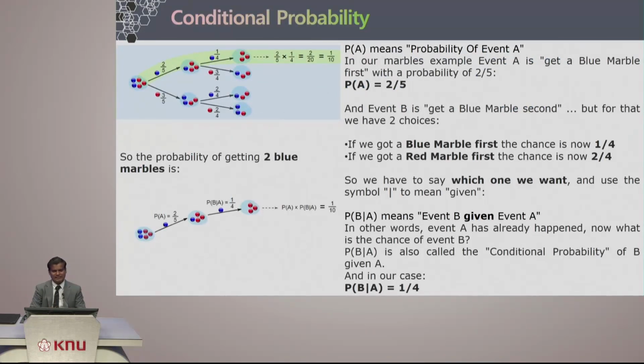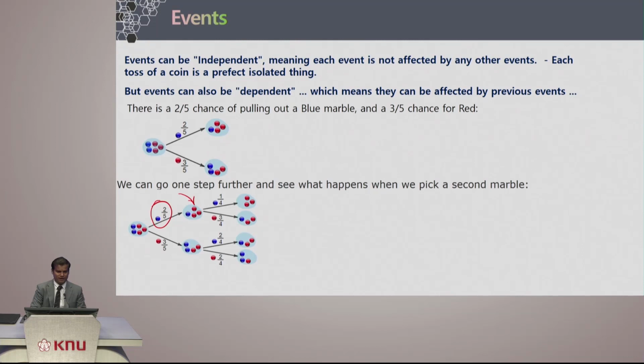So we can consider these events as individual events. Though they are individual events, each event still depends on the previous events. Here, you see that if you already picked up a blue marble, then when you pick up the blue marble a second time, the probability changes to 1 by 4.